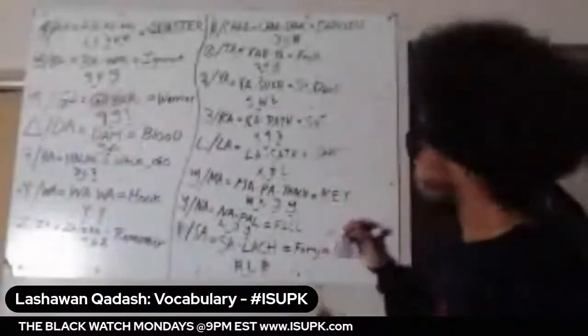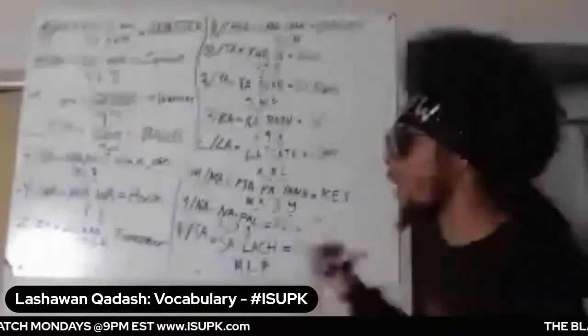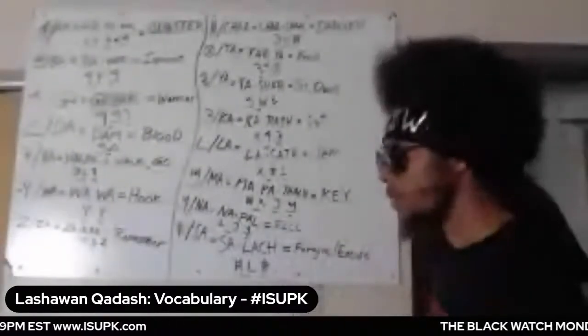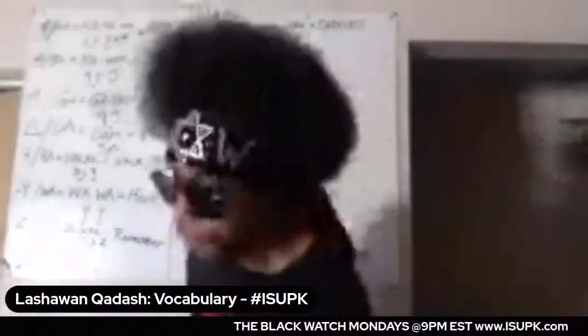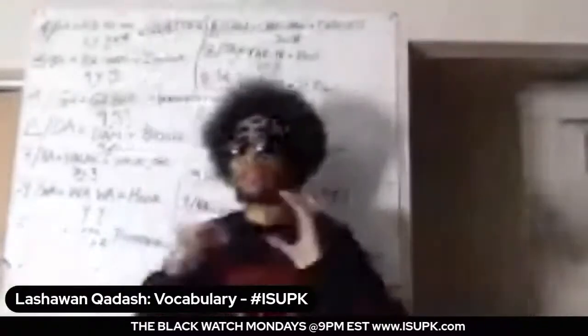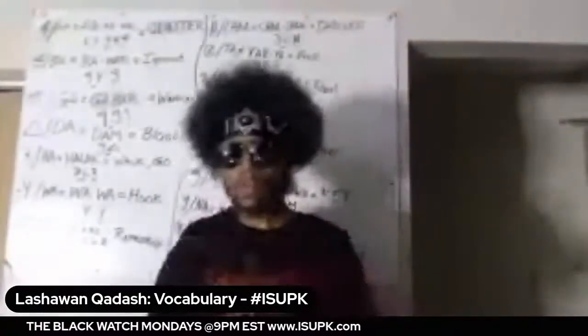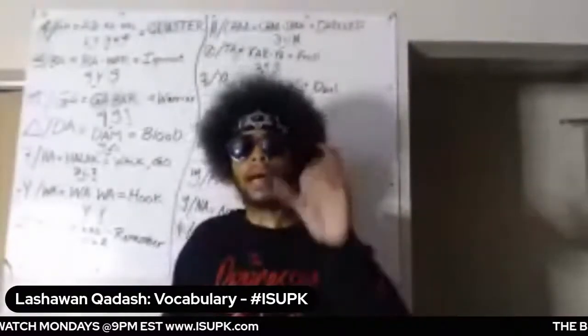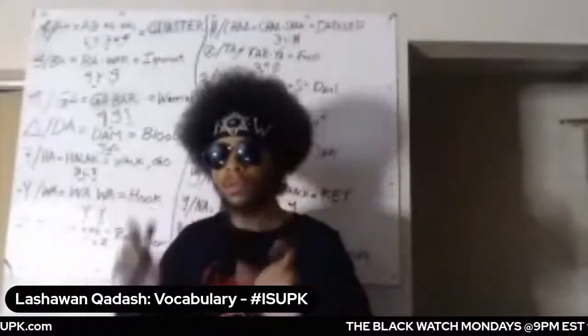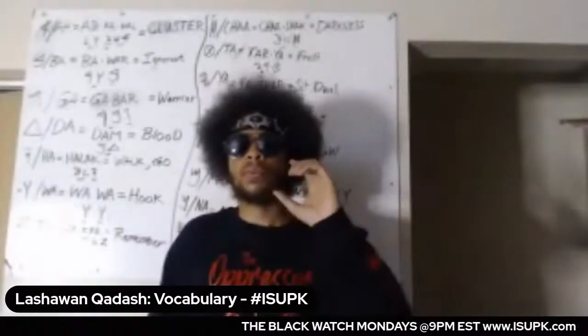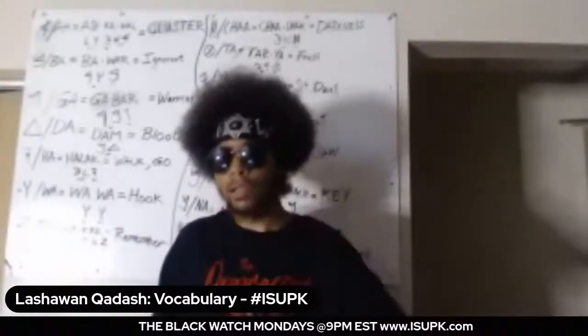All right. So I see a lot of brothers and sisters say salakia. That's not Hebrew at all. So salakia is not Hebrew whatsoever. Salakya is Hebrew. That's saying pretty much sorry. I apologize.